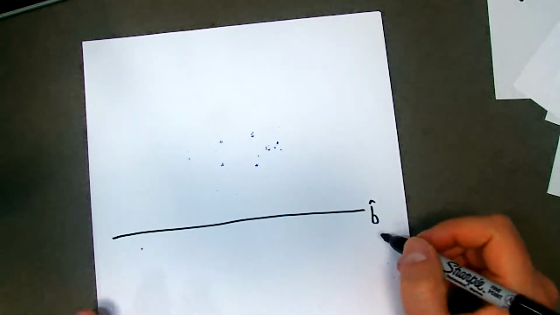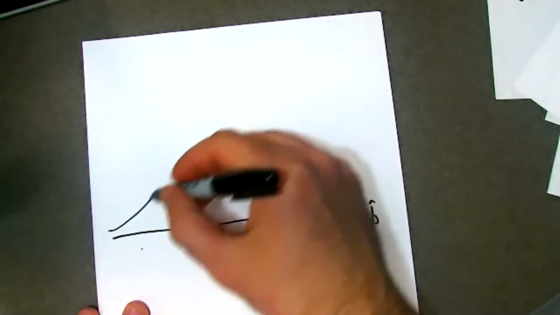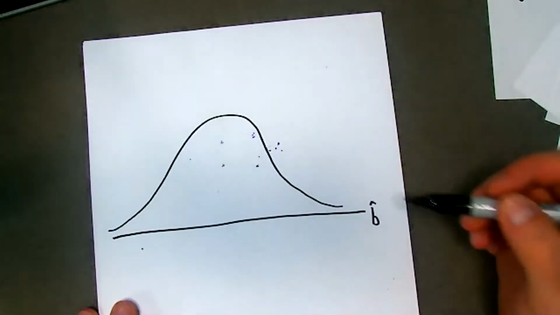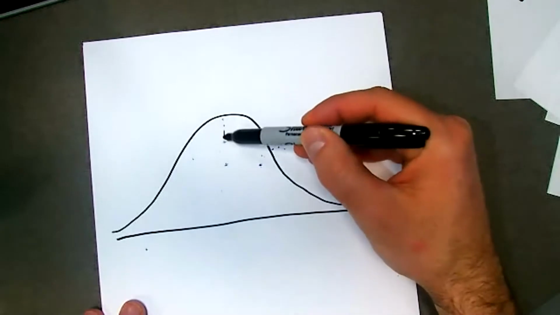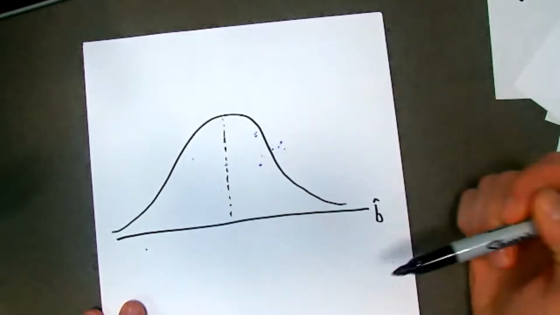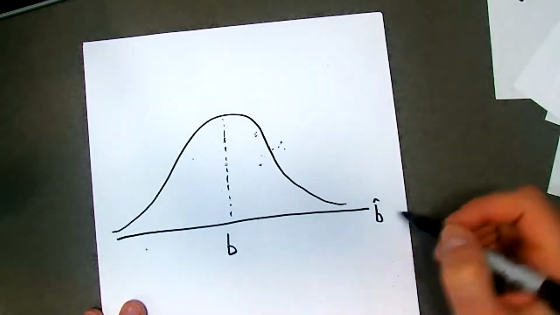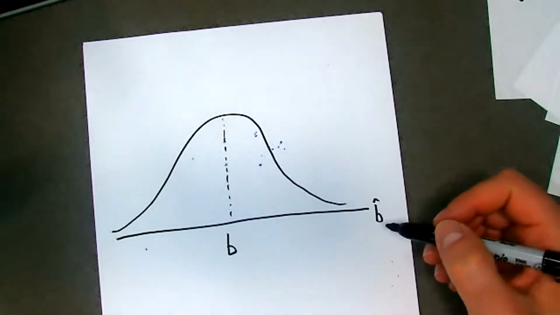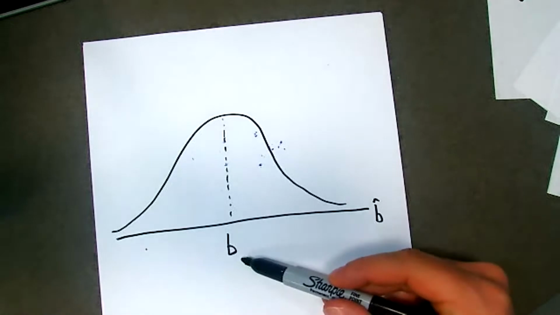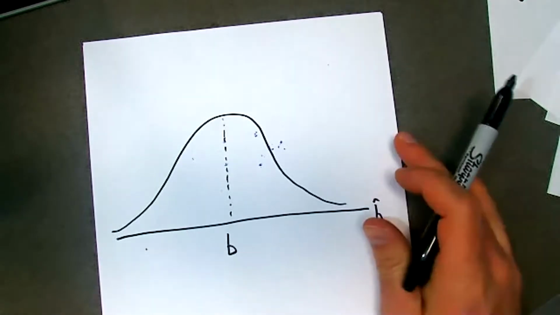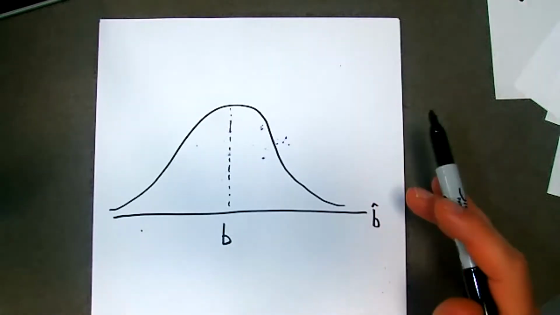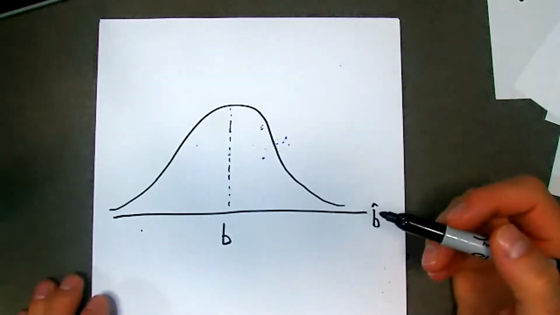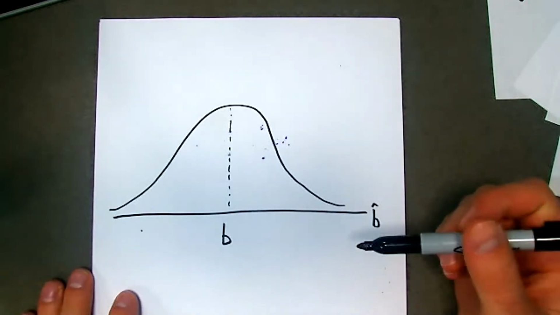Just like sample means or sample proportions, as long as the central limit theorem is met, at a sample size of 30 or more, my sample slope estimate will be distributed normally around whatever the true slope should be between that X and Y variable.